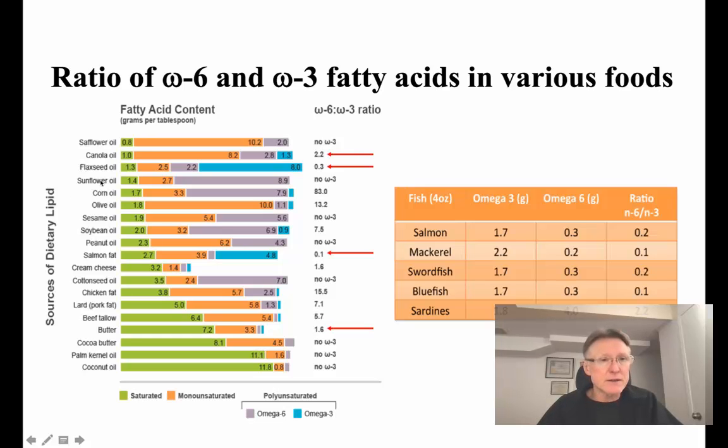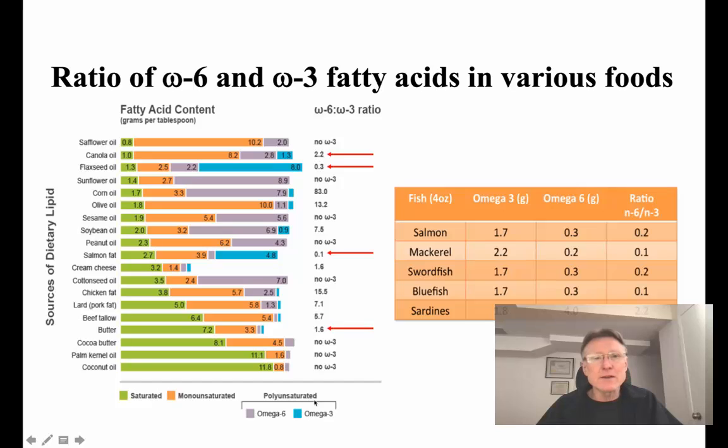Here we have all the different types of fat or oils, if you will, on the left side. In green, we have saturated fat. In orange, monounsaturated. And then the polyunsaturated fatty acids are divided into two groups. The gray is omega-6, and the blue is omega-3.